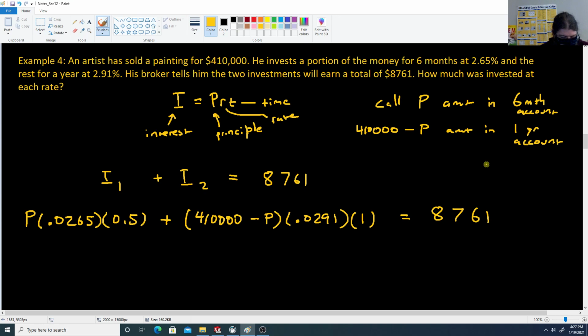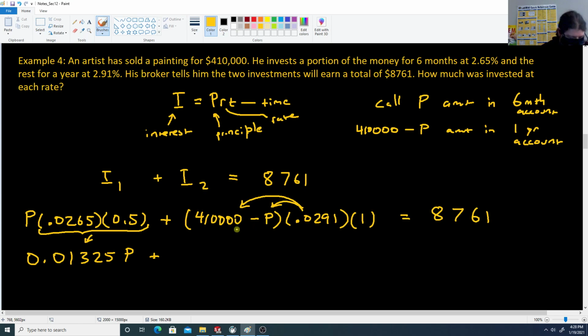So let me do some quick multiplications here. And we get 0.01325 times P, so these two multiplied together make that, plus over on this side 0.0291 times 1, times 1 doesn't do anything, so we're just going to distribute this.